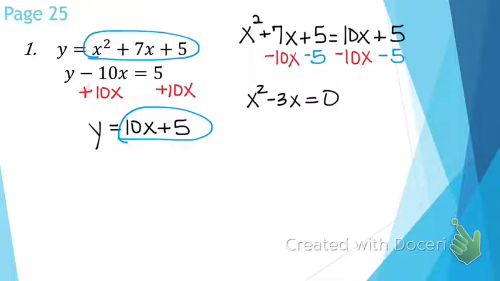The only thing we can do is take out our GCF. So what would be my GCF for this quadratic? What do they both have that I can take out? An x. Good. So let's take out the x.